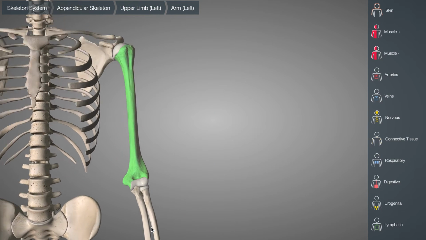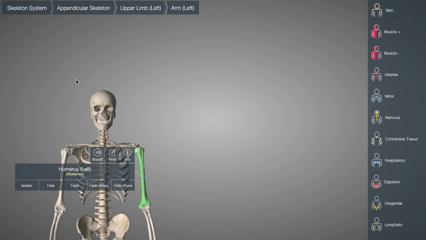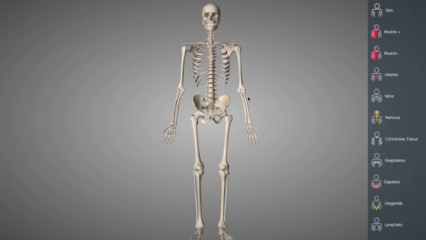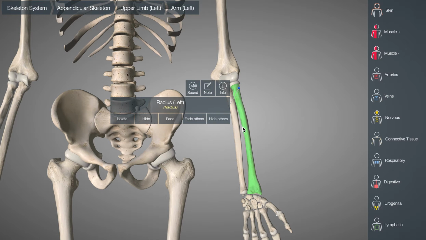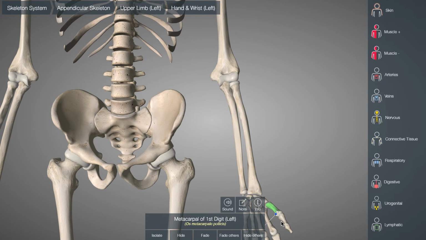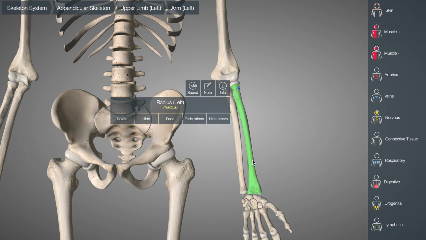We'll go ahead and move on to the radius and the ulna. Okay, so the radius is always going to be on the side with the thumb. Okay, so I just think Teddy Roosevelt's one of my favorite presidents, so it's kind of easy for me to remember.